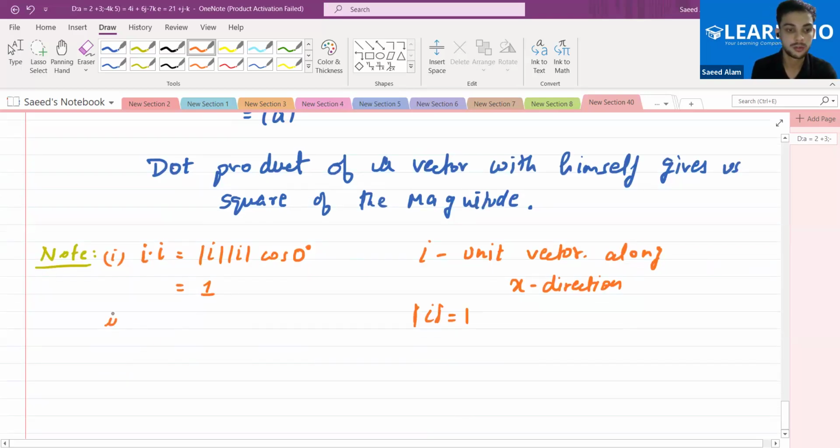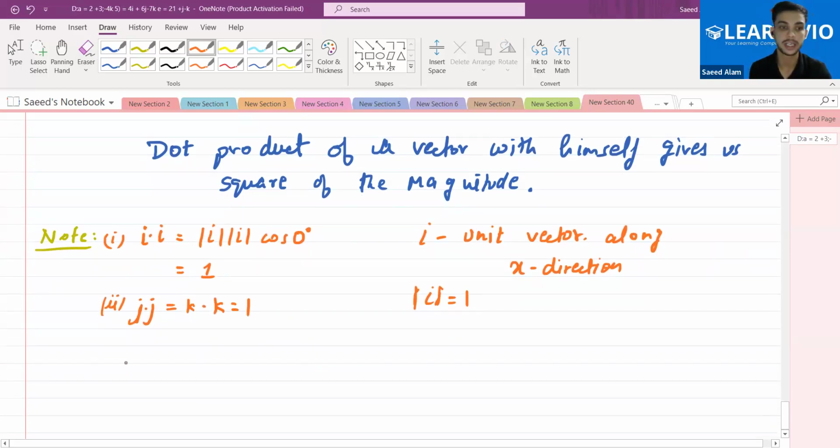Understood? Now similarly you can do it easily. What is J dot J and what is K dot K? Both will be 1 only. So I dot I will be 1, J dot J will be 1, and K dot K will be equal to 1. Now tell me one more thing: what is I dot J?